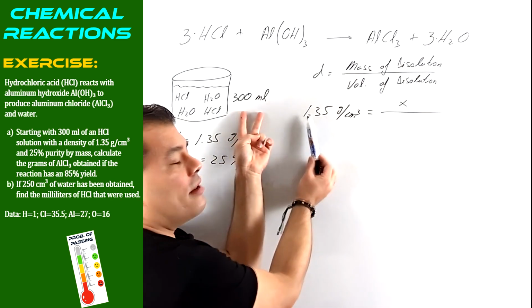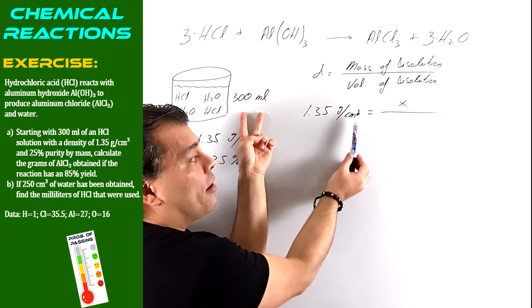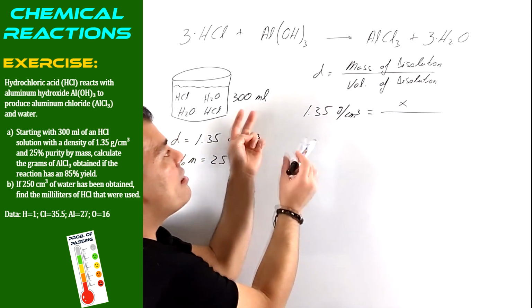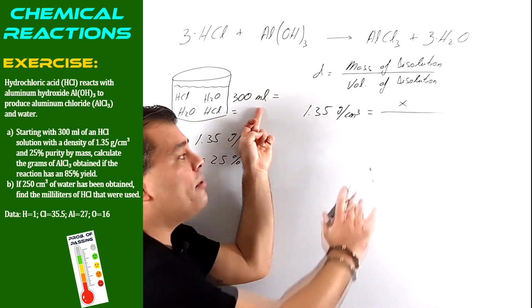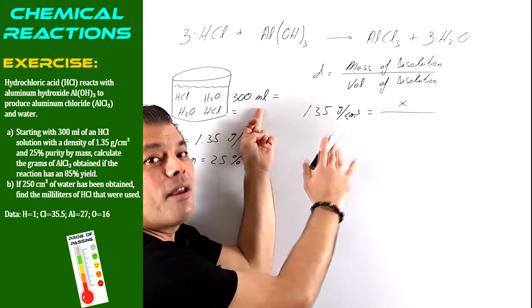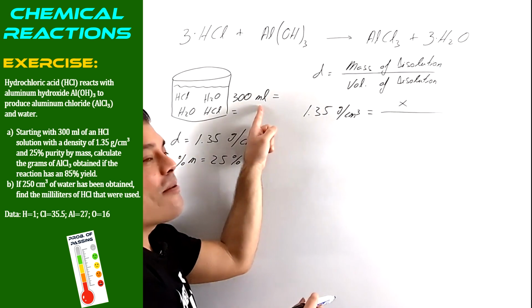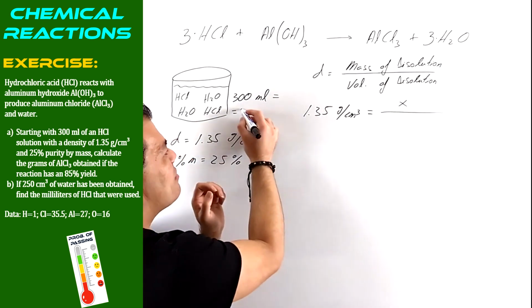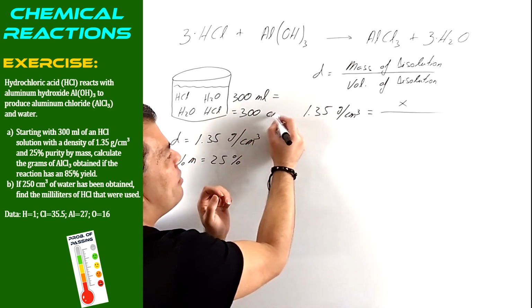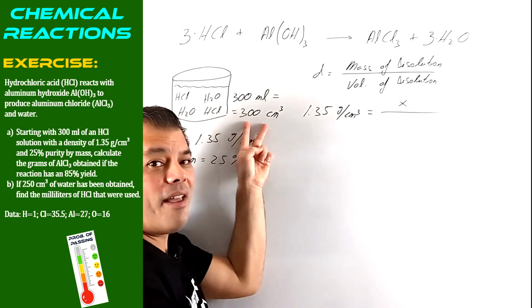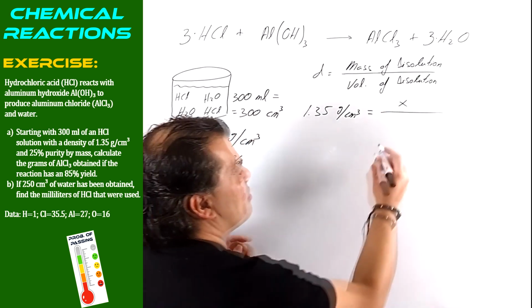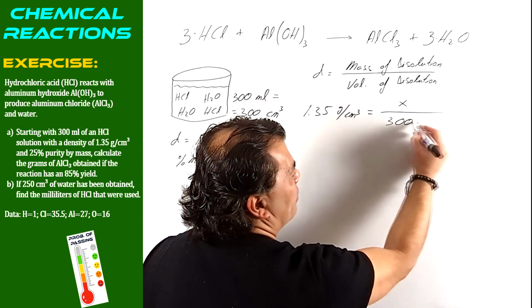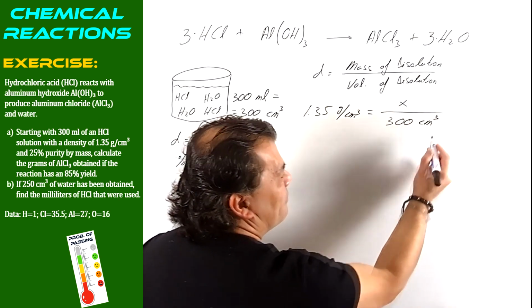If the density is given in grams per cubic centimeter, it is necessary to write the volume in cubic centimeters. And good news, because milliliter equals cubic centimeter, okay? Milliliter equals cubic centimeter. So there comes our 300 cubic centimeters.